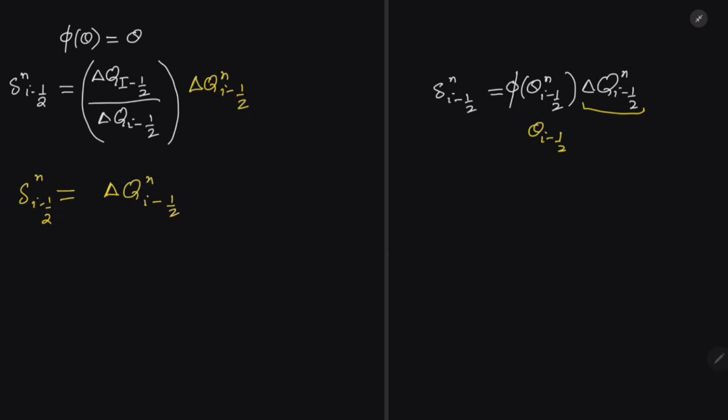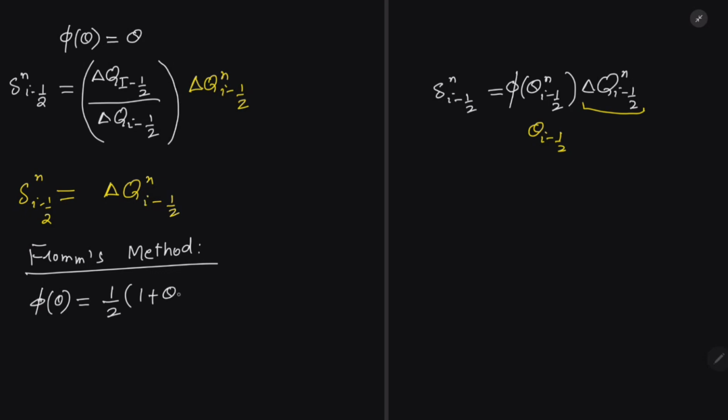If you want to find Fromm's method from this choice, you can define phi of theta equal to 1 by 2, 1 plus theta.